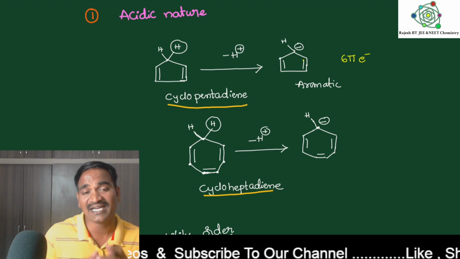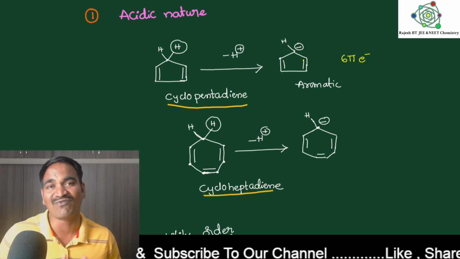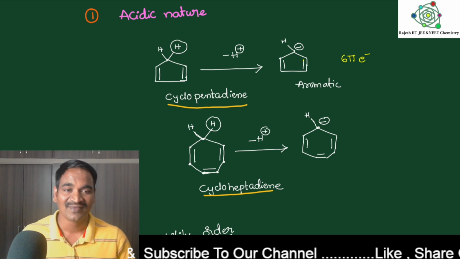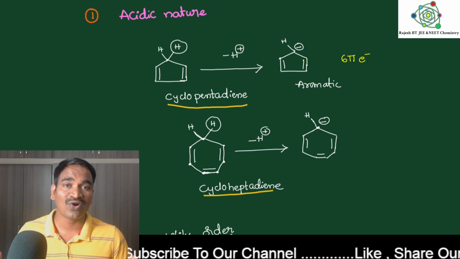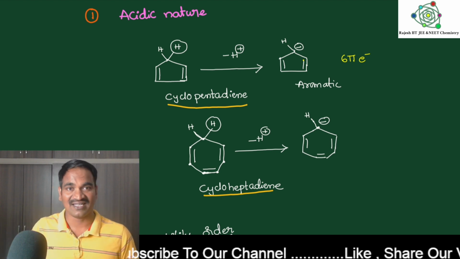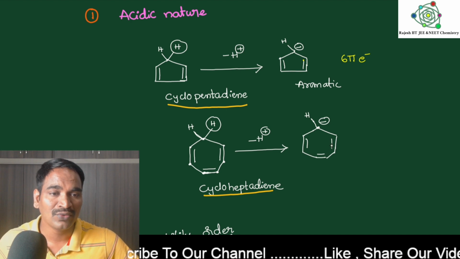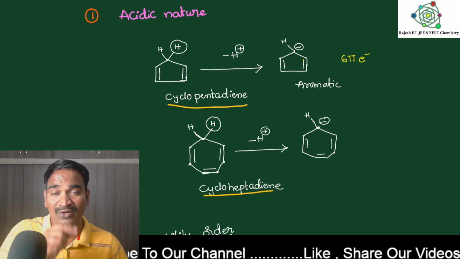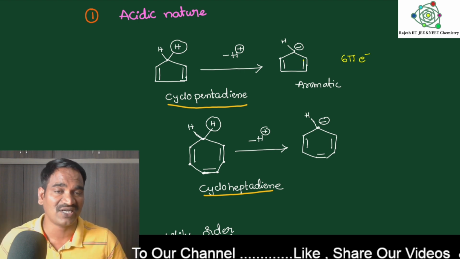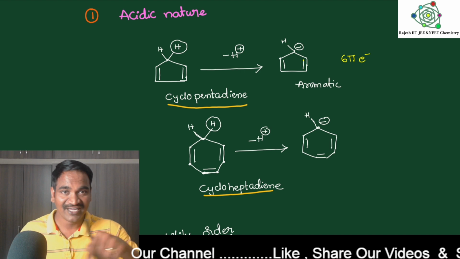Okay. Now coming to the second one. What is the second one? Cycloheptadiene by loss of one H plus. What is happening here? Just check it. How many delocalized electrons are there? See this: 2, 2, 2, total 6, and 1 lone pair. The lone pair means the negatively charged electrons are there, and those electrons are also involved in the delocalization.